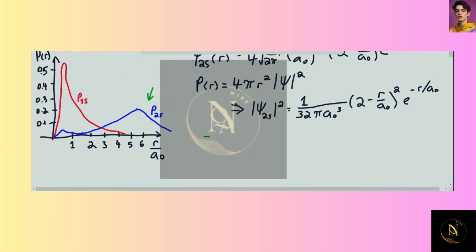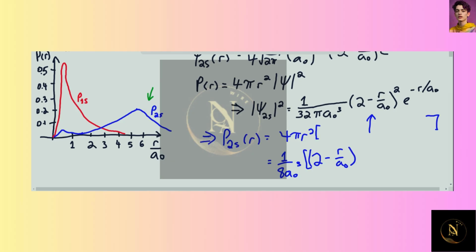It follows from that that P2S(r) equals 4 pi r squared times that, which ends up equaling 1 over 8 a naught cubed times (r over a naught) squared times r squared e to the minus r over a naught.